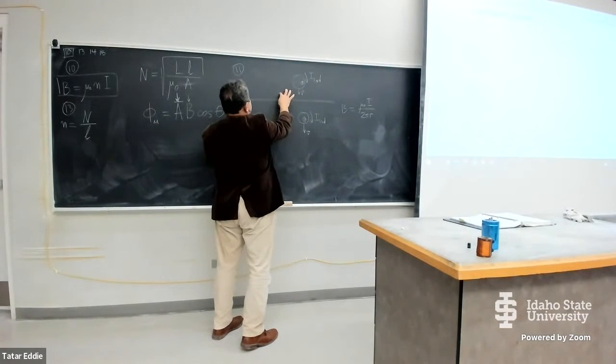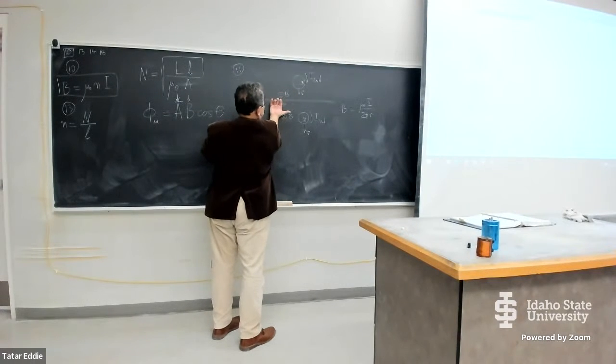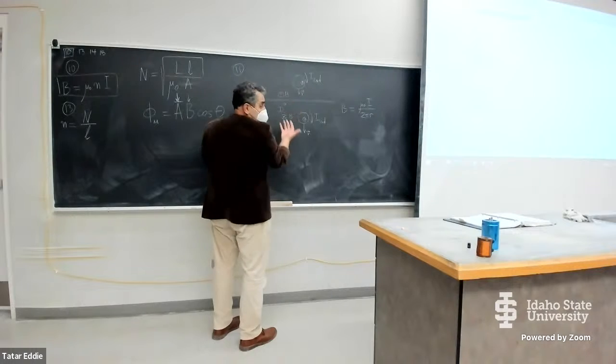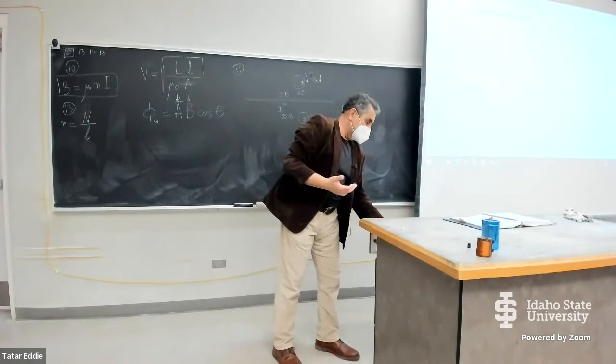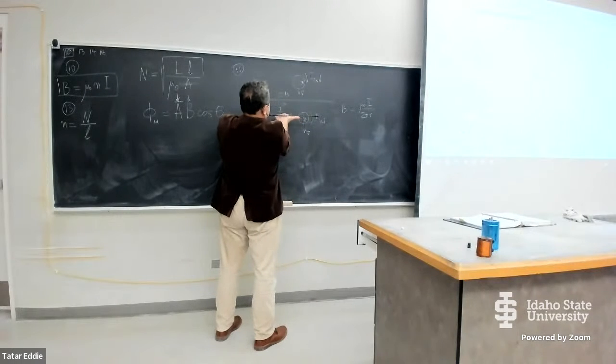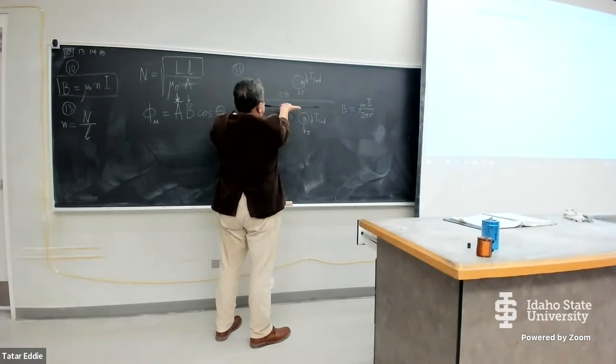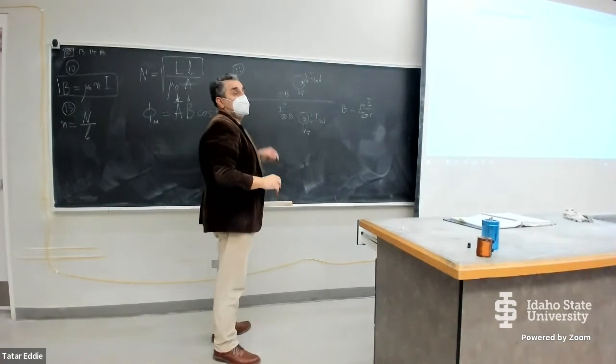Out of the board, magnetic field on this side, into the board on this side, right? Here is the current flowing in this straight piece of wire, here direction of current, you have into the board on this side, out of the board on this side. This is the magnetic field around the straight piece of wire.